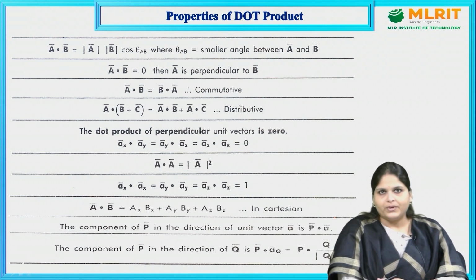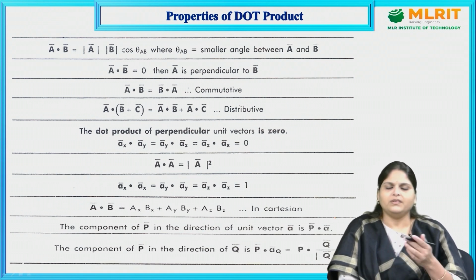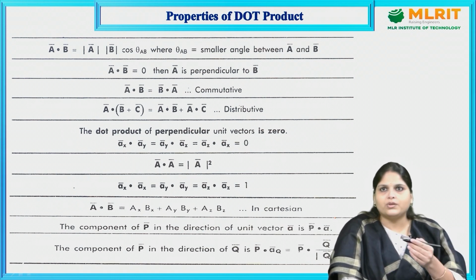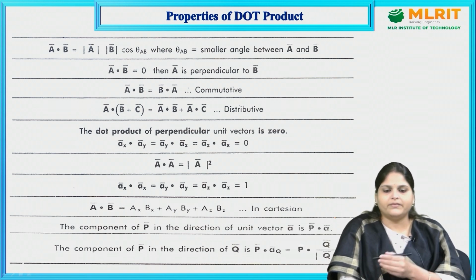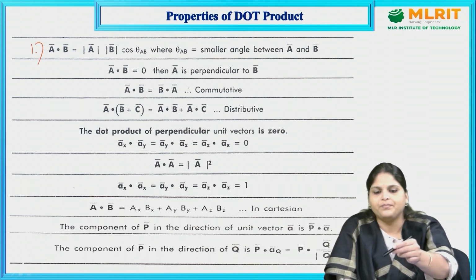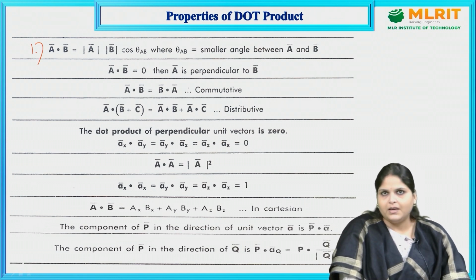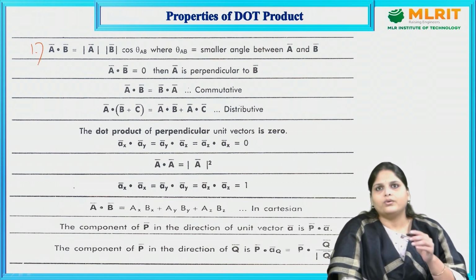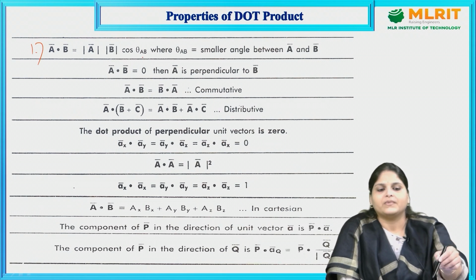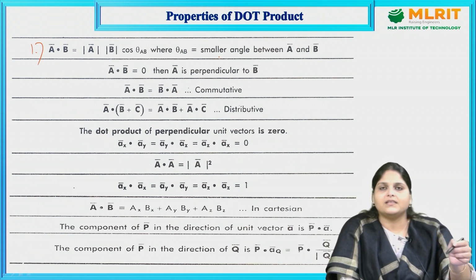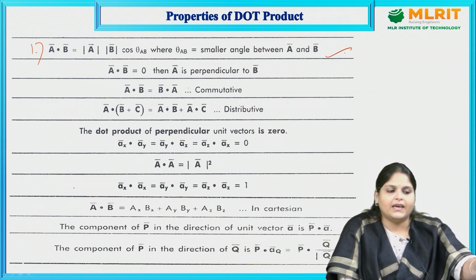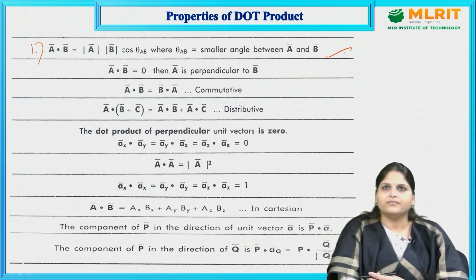There are some properties of dot product. While solving problems, we must know these properties, so it will be helpful. The first property is vector A dot vector B equals mod A, mod B, cosine theta AB, where theta AB is the smaller angle between A and B, right?